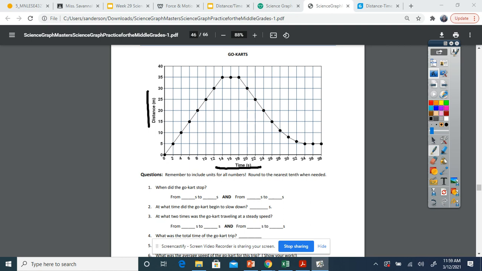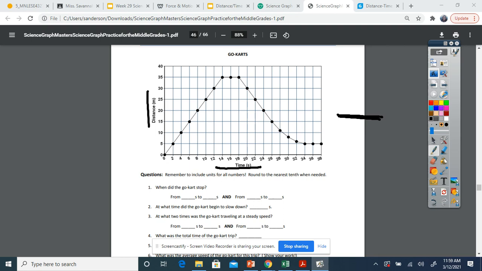So number one says, when did the go-kart stop? So when was the go-kart stationary or not moving? So we know that a horizontal straight line represents an object not moving.